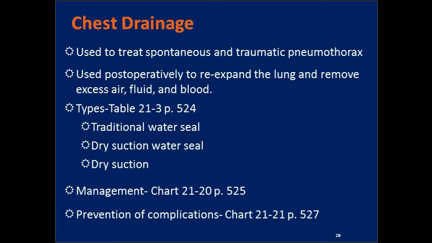Now some of these seal chambers are a wet seal where we use fluid, which is the traditional water seal, or some of them have a dry seal chamber, which is the dry suction water seal. Okay? Now I know that sounds crazy and it's probably very confusing, but again, we're going to go over it in class.